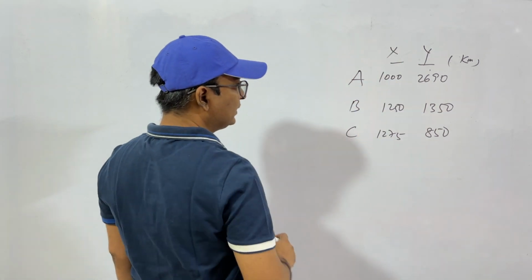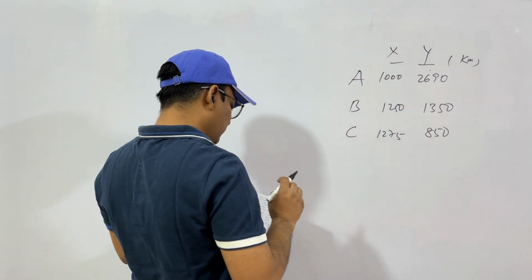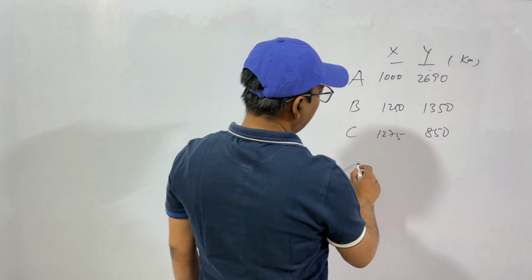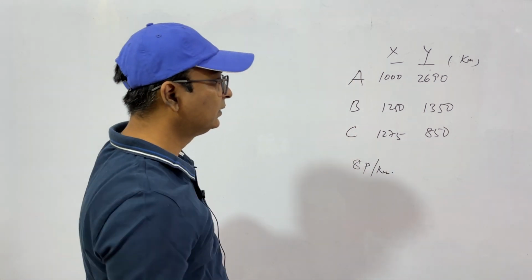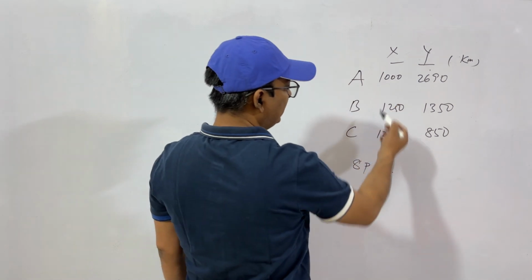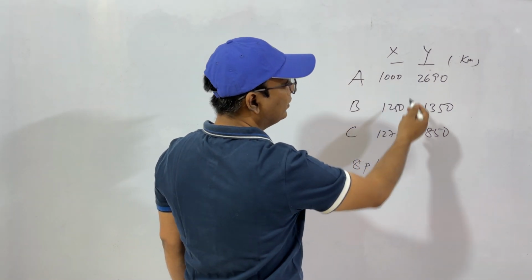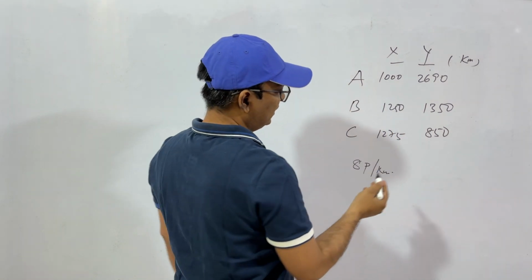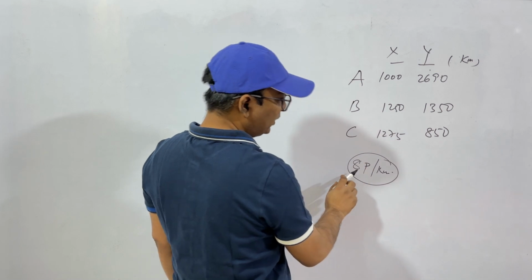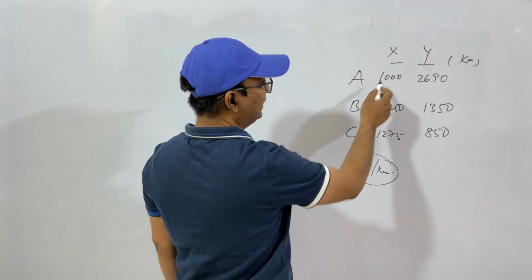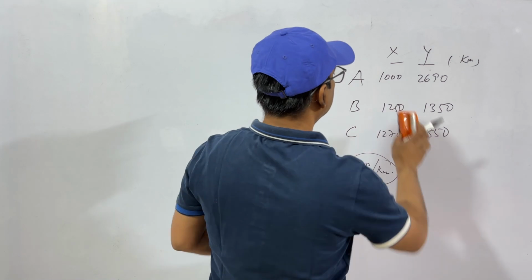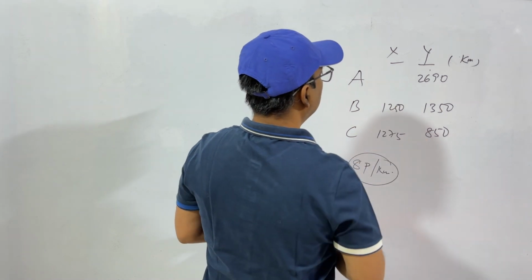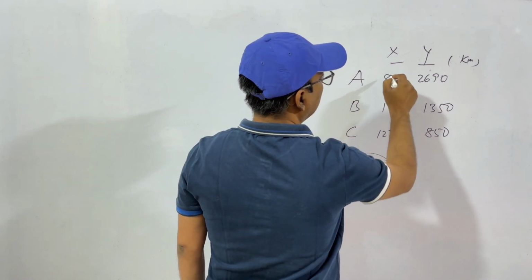These are in kilometers, and it is given that the transportation cost per unit is 8 paise per kilometer. So we multiply it with kilometers, and we get the cost of transporting 1 unit. When you multiply 8 paise into 1000, you will get 80. That is, transporting this one item from A to X is rupees 80.